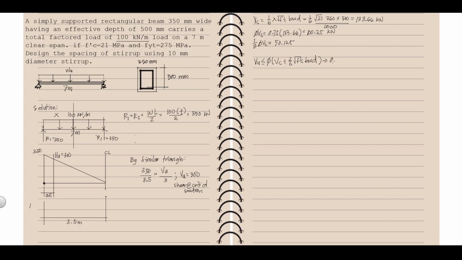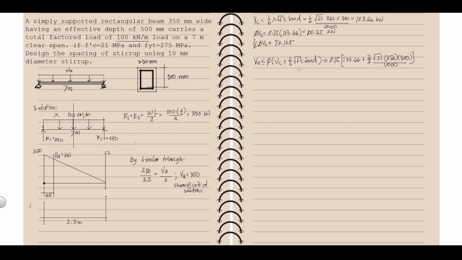That is 0.75 quantity 133.66 as our VC plus 2/3 of square root of 21 times 350 times 500 as our D. Okay? Yan. So ito, huwag nyo kalimutan divide ng 1,000.